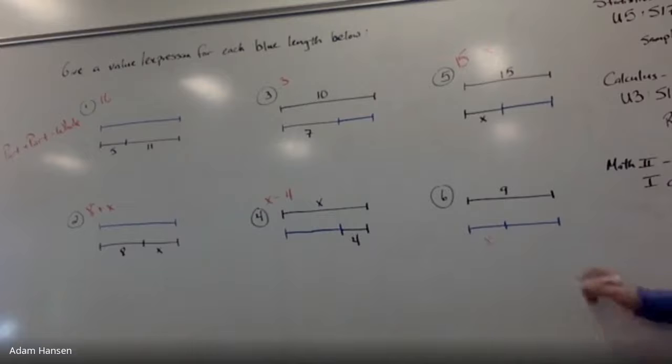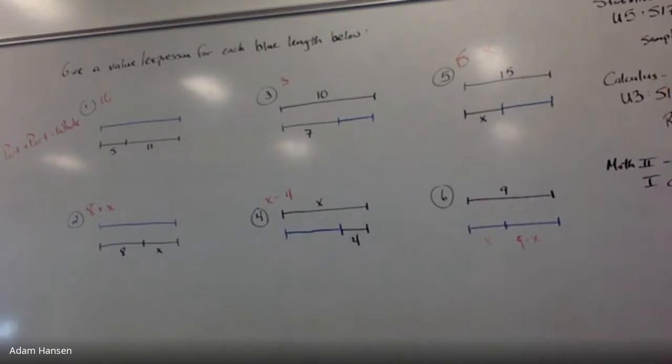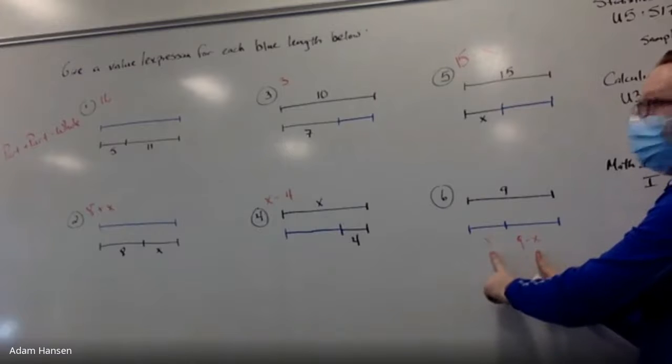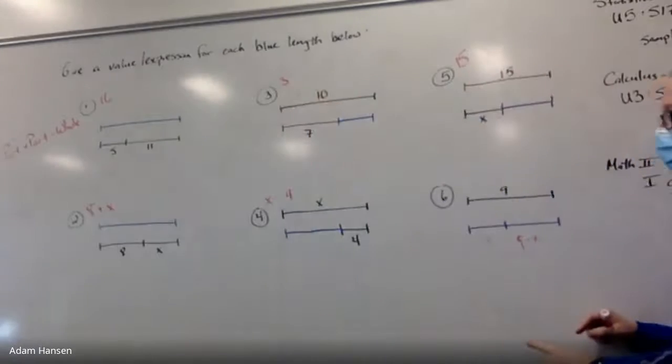9 minus x. If the whole distance is 9, then the two parts written in terms of x would be x and 9 minus x. Do these two still add up to 9, like 7 and 3 added up to 10?